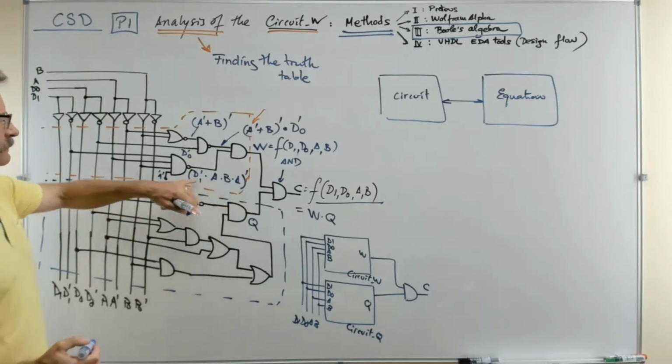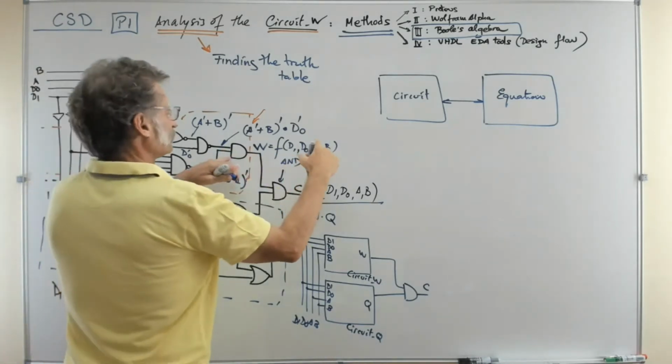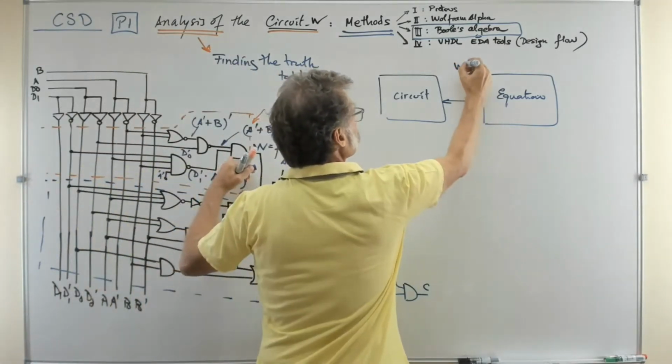All right, so if this is the partial result at this wire, in the end it happens that the equation that you are looking to find is something like this.